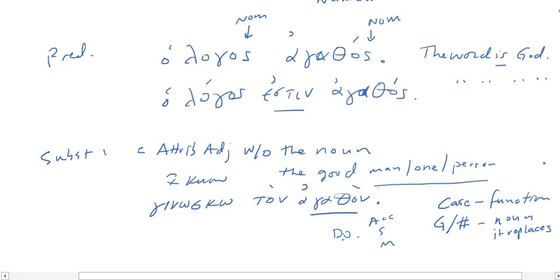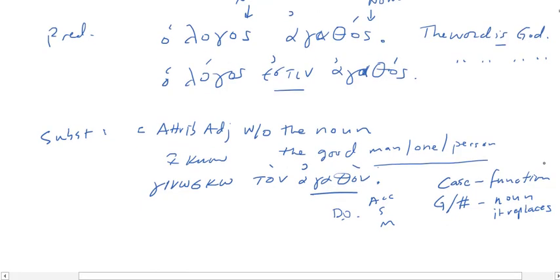Okay, so big clue, big hint here. If you ever have an adjective that's not nominative, can it be a predicate adjective? Nope. At least not yet. And if there's a noun that it agrees with in case, gender, number, then it has to be attributive.